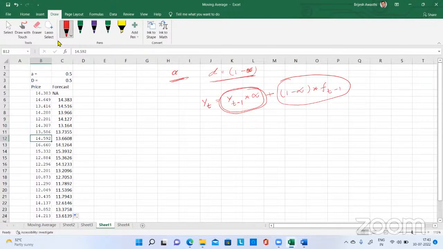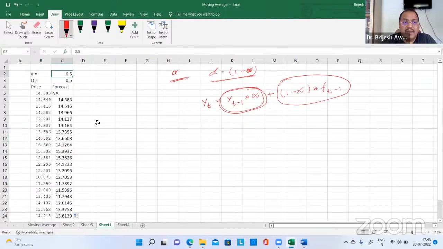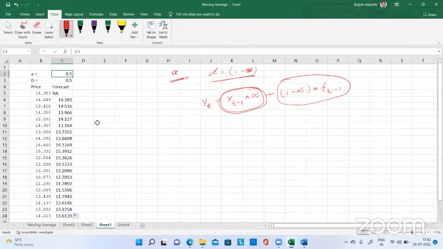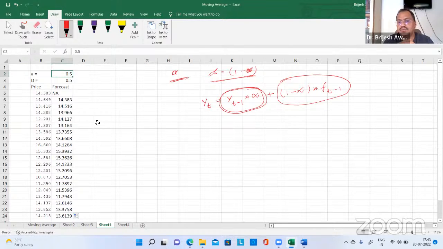And actually, we don't have an idea about the value of alpha. What value must be there for a smoothing forecast? I don't have any idea. So, sir, what should I do when we don't have an idea?